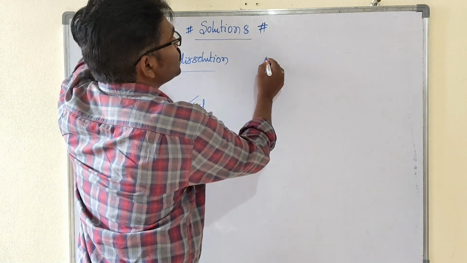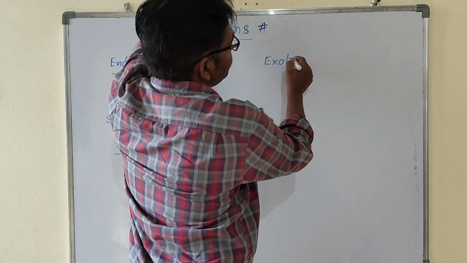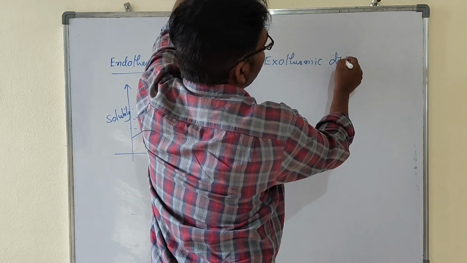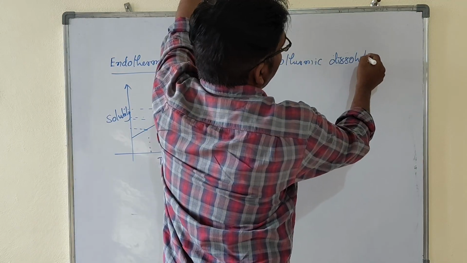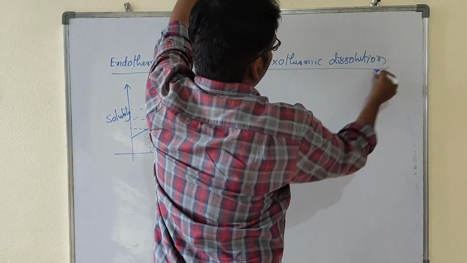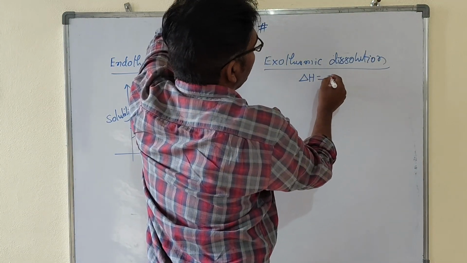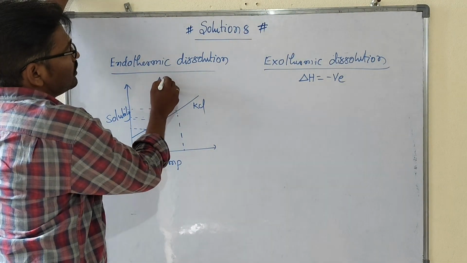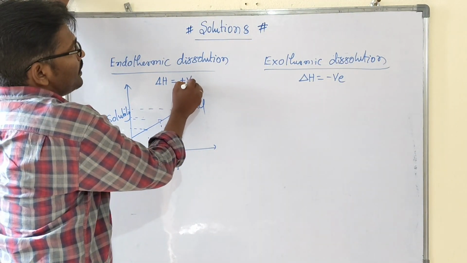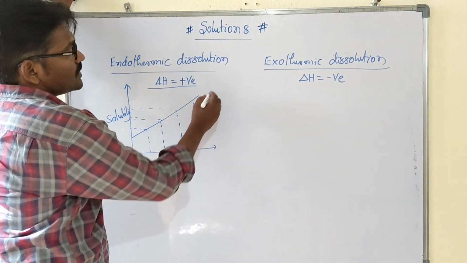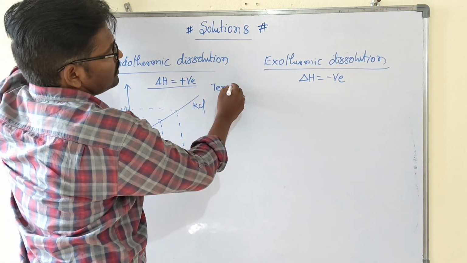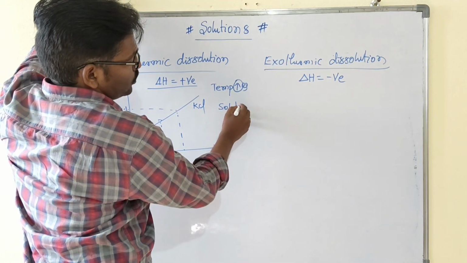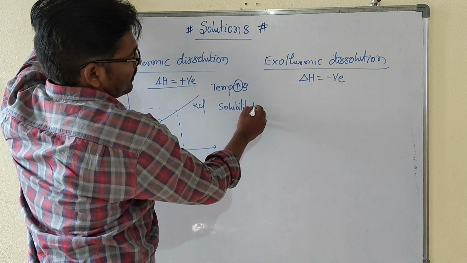Then in case of exothermic dissolution, the delta H value here is negative, and the delta H value for endothermic is positive. In the endothermic case, temperature increases, solubility also increases.